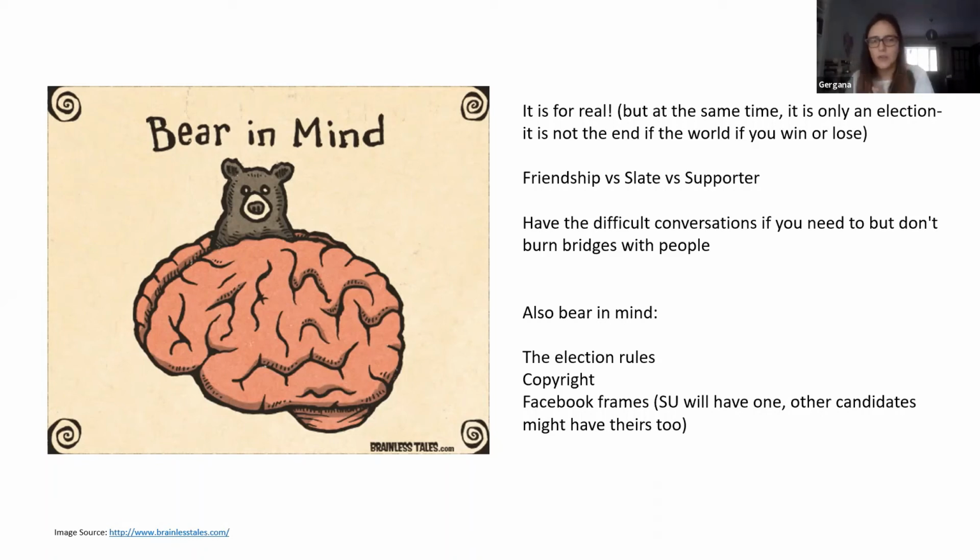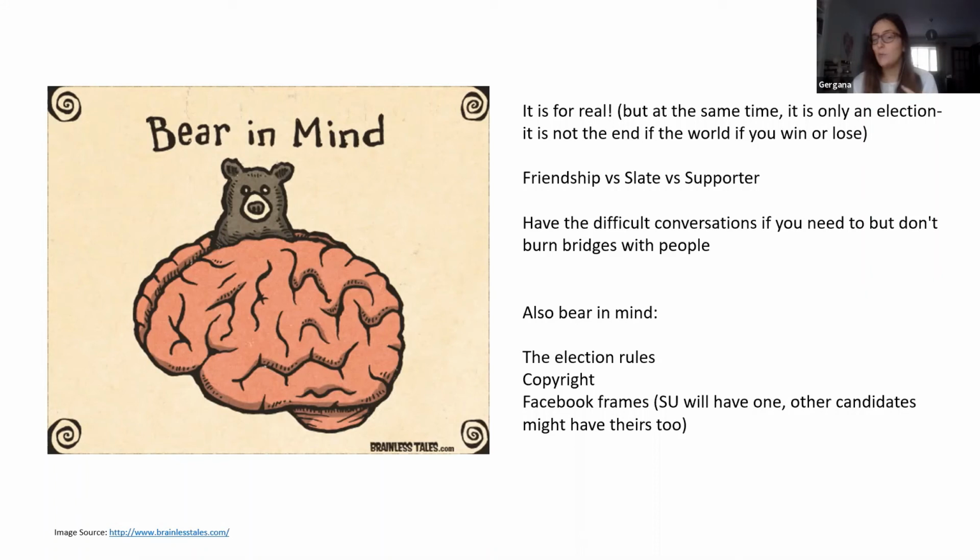If you're using images that are not yours in social media or in your promotional materials, always have the source, like I've had here, the image source, and the internet is not a source. I know you're students and you know how to reference, but I just need to say it one more time.